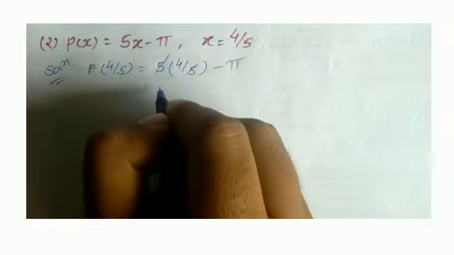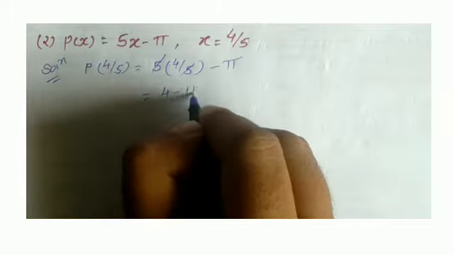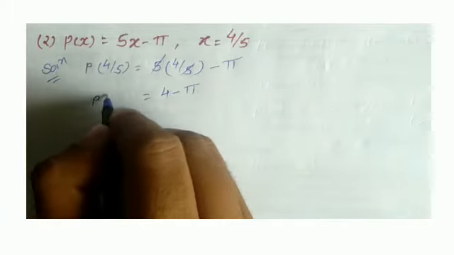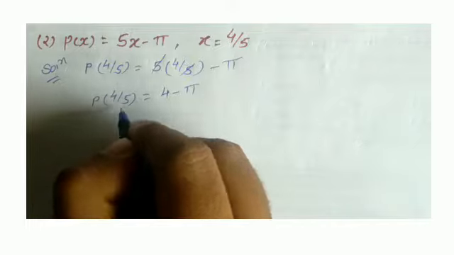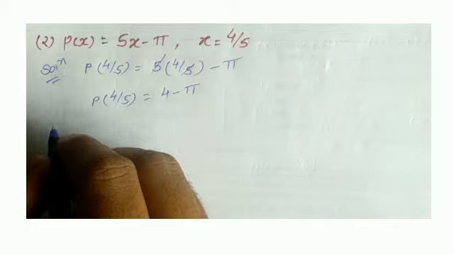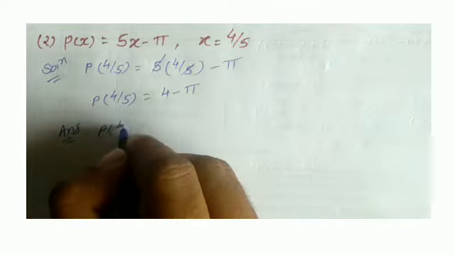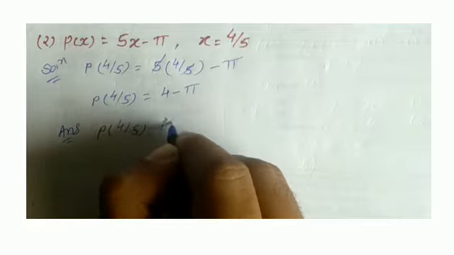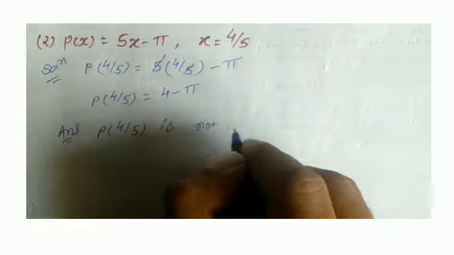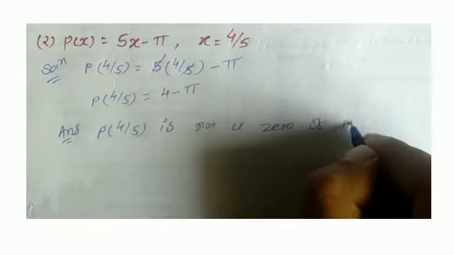So 5 cancels out, and we get 4 minus 5. This is the value of P of 4 by 5. This one is not a 0, so we can say that P of 4 by 5 is not a zero of the polynomial.